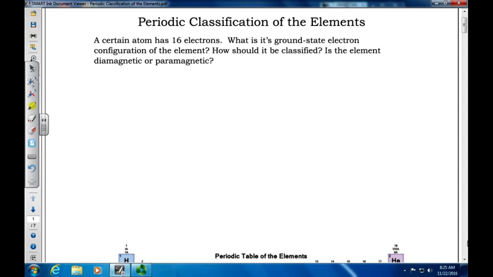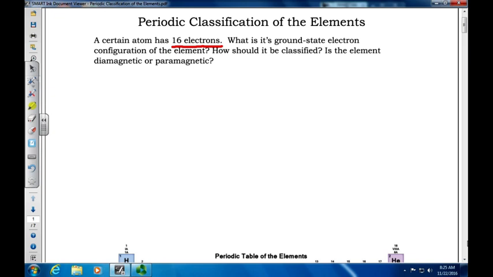So we know that there are 16 electrons, as it says right here. So all we need to do is count to 16 and know the order in which the electron configuration occurs. 1s, 2s, 2p, 3s, 3p, and so on.